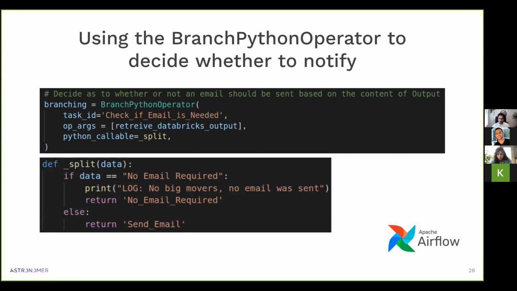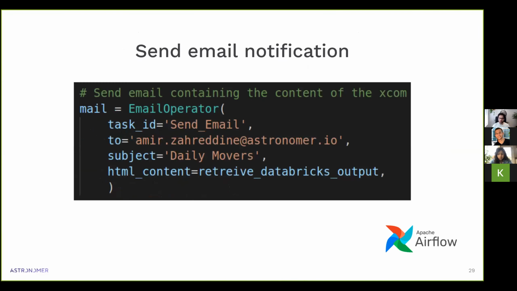If there is no data, if the table returned was blank, then no email needs to be sent. So return no email required, which is the name of a dummy variable that is not in the slide, but it just does not contain anything. However, if there actually is data, then call upon the send email task, which is this task over here.